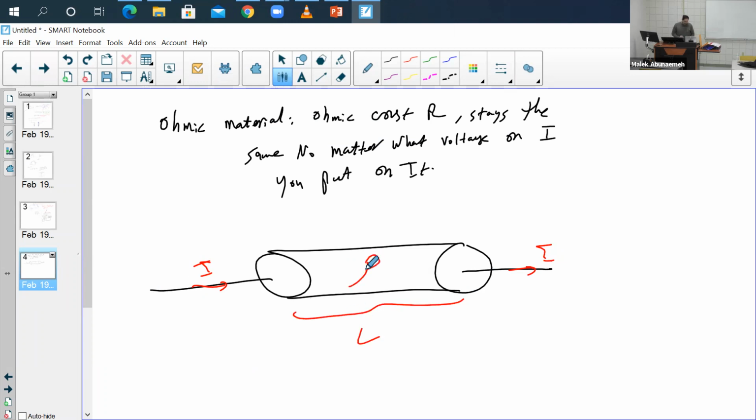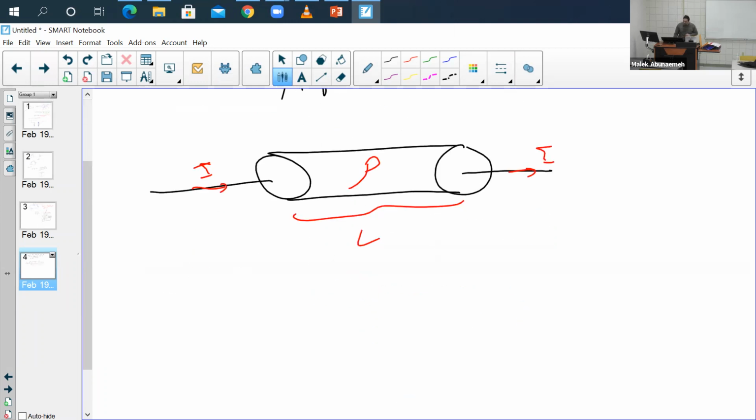And this is made out of a material with something called resistivity, which we give the symbol rho. Resistivity is the resistance of the material to the current.